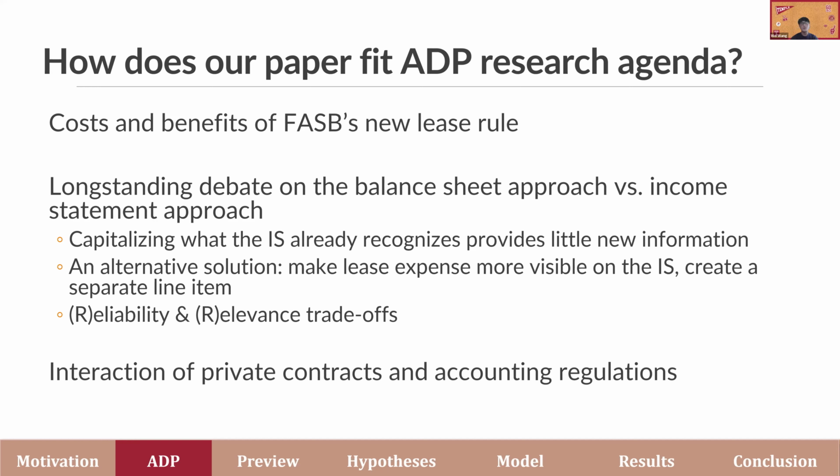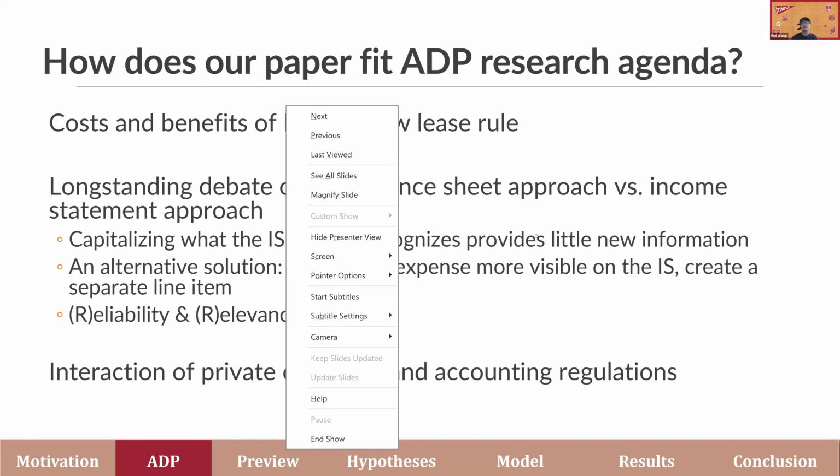So someone mentioned earlier R&D expenditure, right? I think one of the takeaways from our findings is that capitalizing what the income statement already recognizes seems to provide little new information, at least in the context of operating leases. Now, what would be an alternative solution?